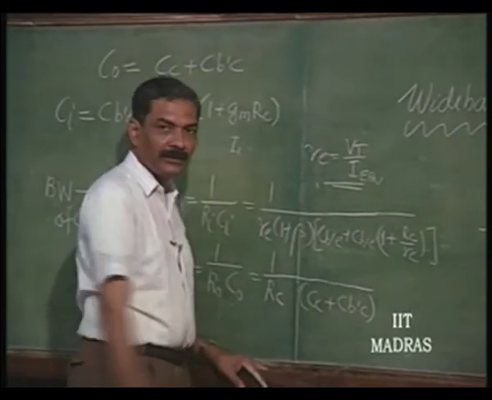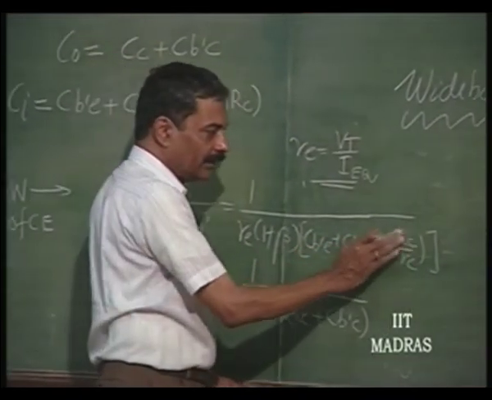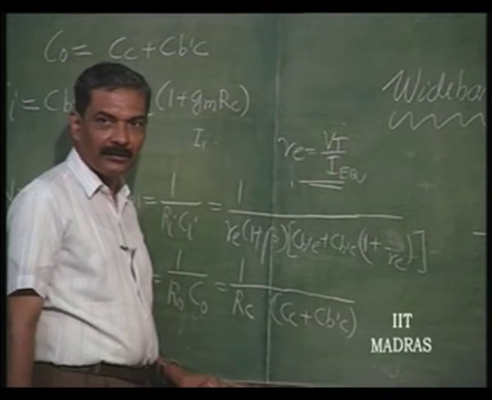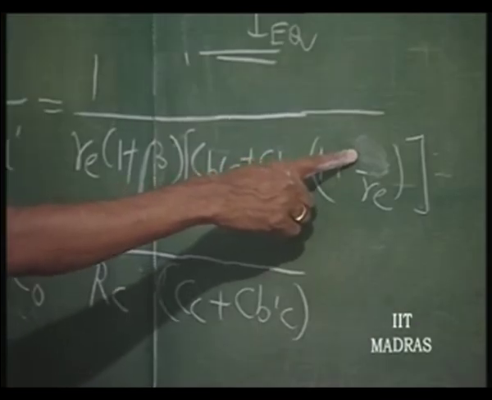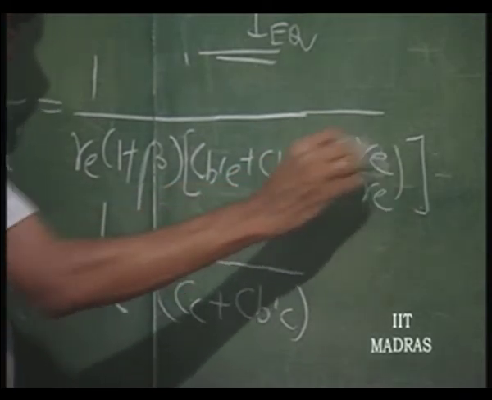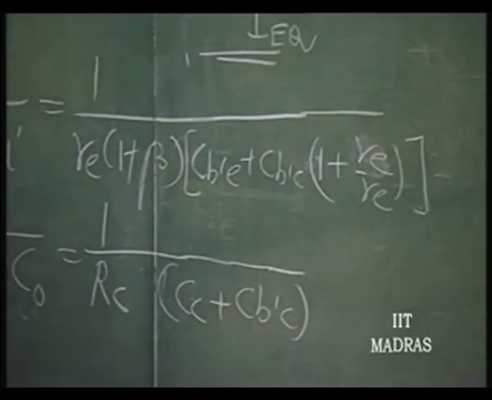This Miller effect is reduced, because this R C is gone here. As far as this stage is concerned, R C is not there. So, this is R E itself, if they are operating at the same current.